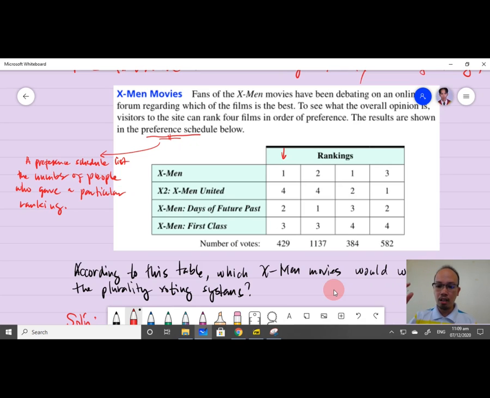There are so many applications for this kind of methods of voting.